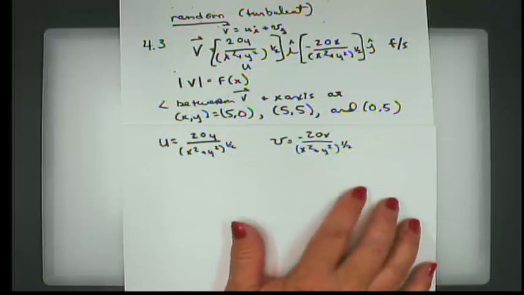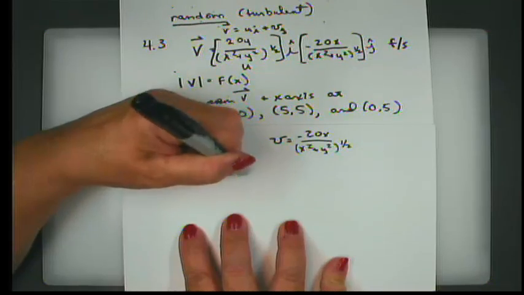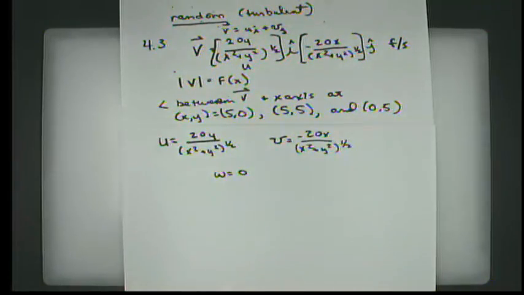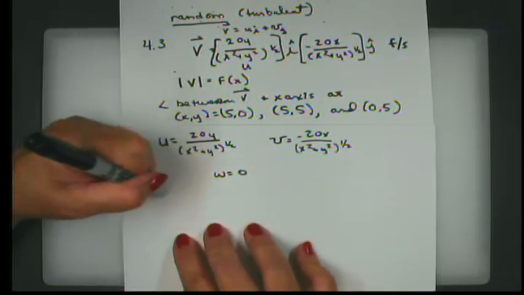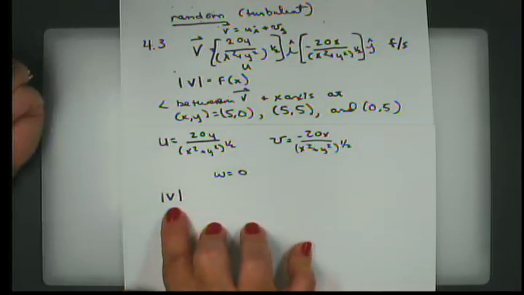And from this equation, we can surmise that w is equal to 0. In other words, the velocity in the z direction is not relevant. This is a two-dimensional flow. So how do we find the magnitude of the velocity, which is the speed?